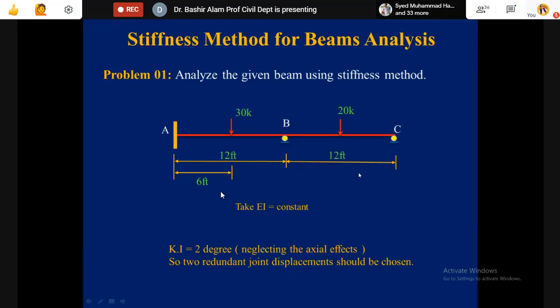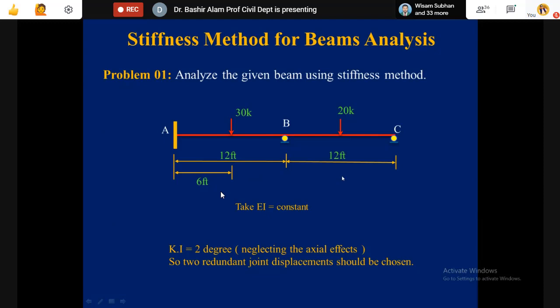If we take the total indeterminacy of the structure, it is actually a 4 degree kinematically indeterminate problem. What are those 4? One is horizontal translation at B, and then rotation at B. Then horizontal translation at C and rotation at C. But we will ignore the axial effects now.